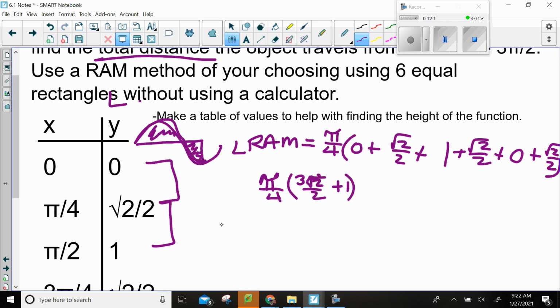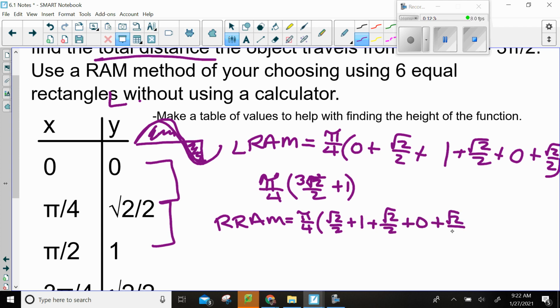Right RAM is going to be very similar, but again, we are using the right side. So instead of 0 for my first one, I'm using square root of 2 over 2. I'm hoping that you notice that almost all of them are the same, except instead of using this guy, we're using that last one. Again, we're making it a positive.